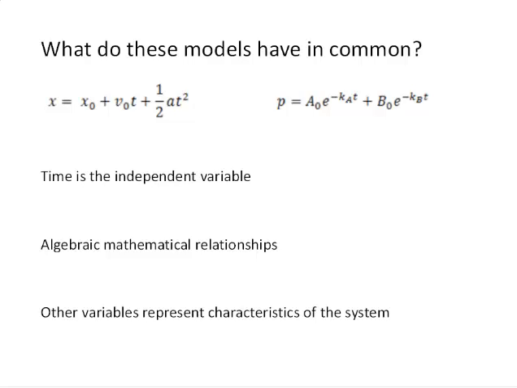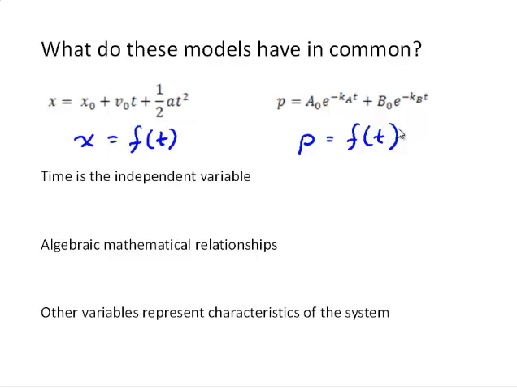Well, first of all, let's look at these two, the kinematics model and the population model. We see in both of these cases we have some independent variable x is some function of time. And here we have an independent variable p is some function of time. So time is the independent variable in both cases.